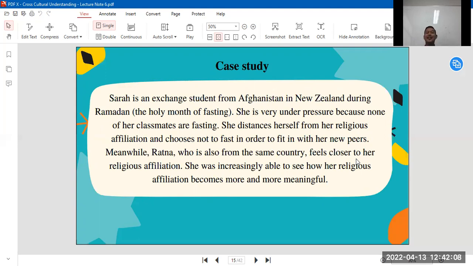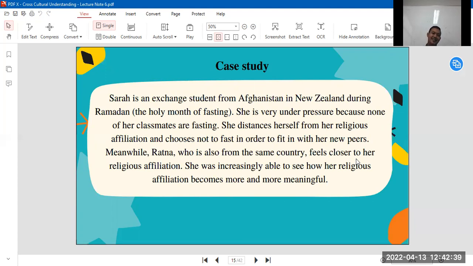Sarah is an exchange student from Afghanistan in New Zealand during Ramadan, the holy month of fasting. She's very under pressure because none of her classmates are fasting. She distances herself from her religious affiliations and chooses not to fast in order to fit in with her new peers.